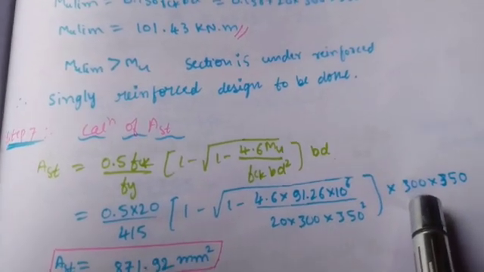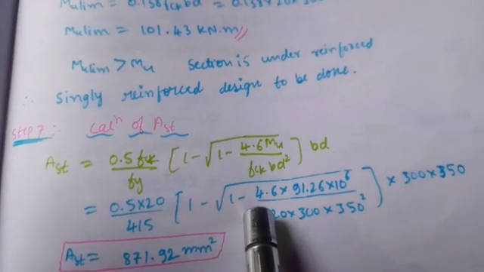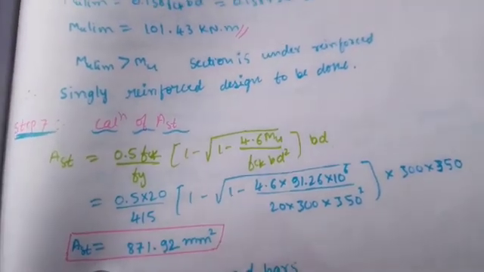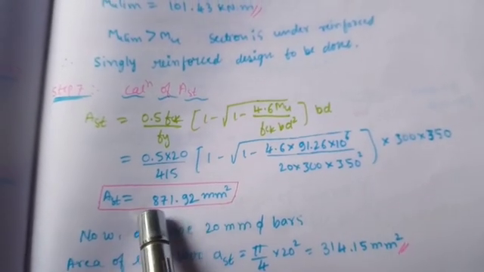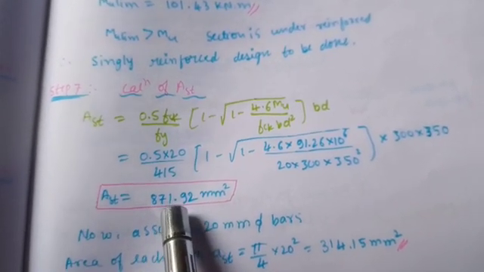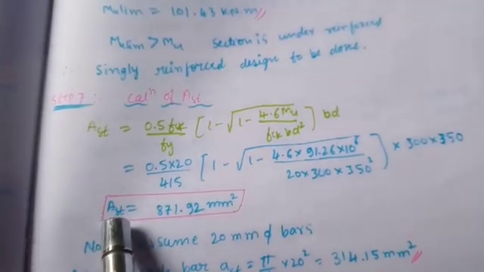B is 300 mm and D is 350. After simplifying, we'll get our AST value as 871.92 mm square. So this is how we calculate the AST.